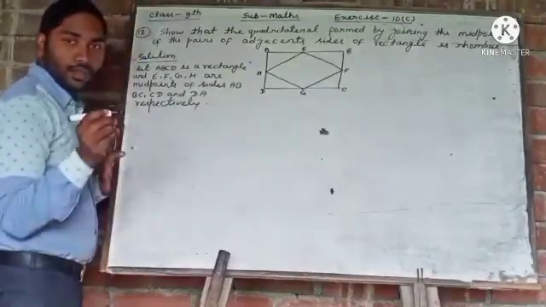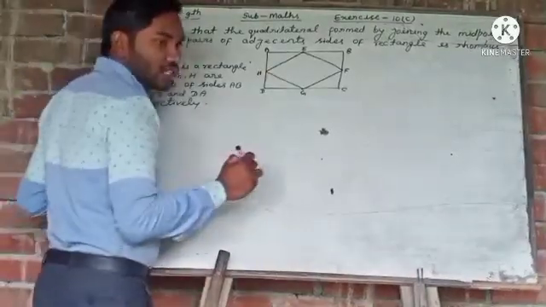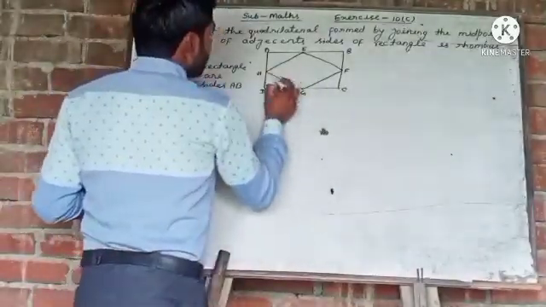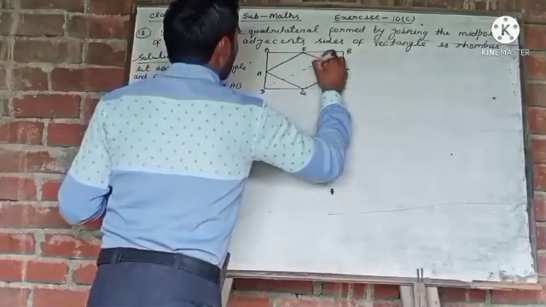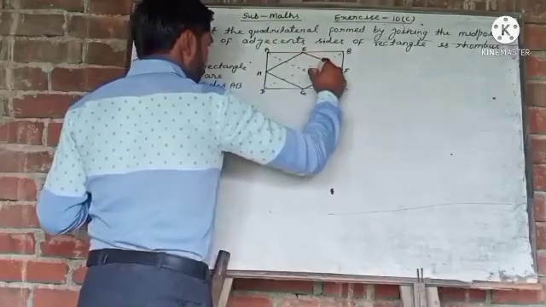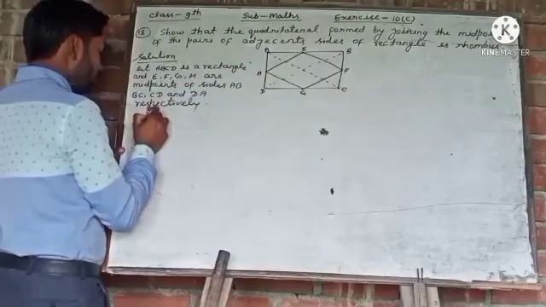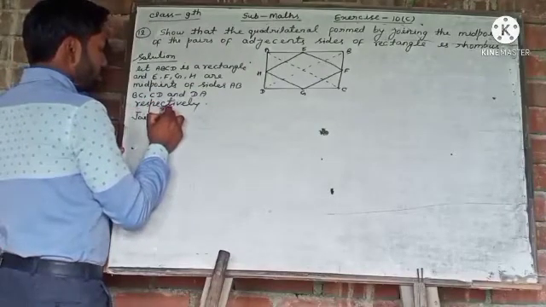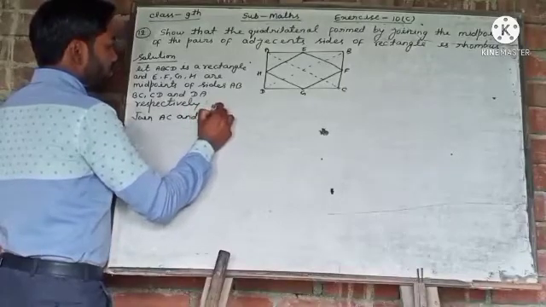Now we will have to join the diagonals of the rectangle. So this one is diagonal BD and this one is diagonal AC. So join AC and BD.